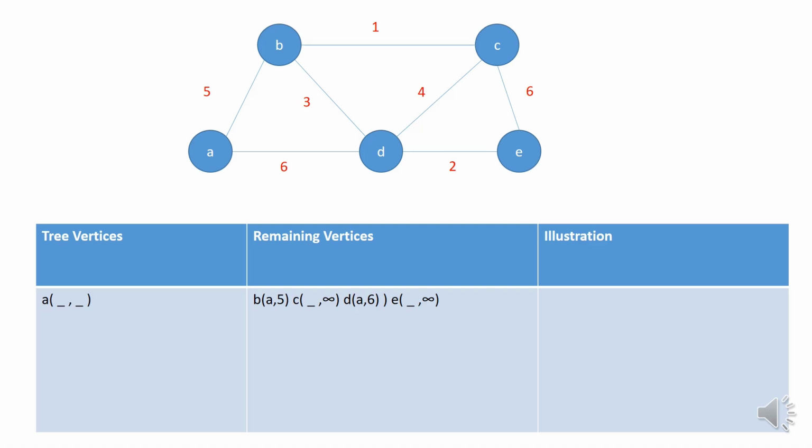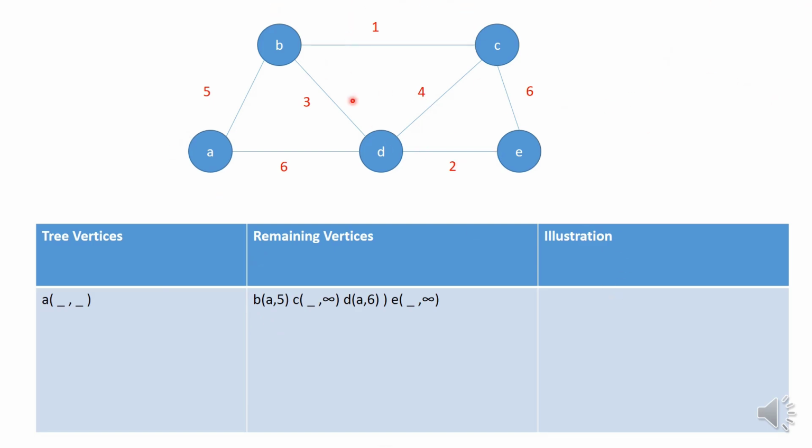Let me tell you how to fill these remaining vertices. Your remaining vertices other than A are B, C, D and E. You have to fill in this information for B, C, D and E. Now B, let me tell you how I filled this.